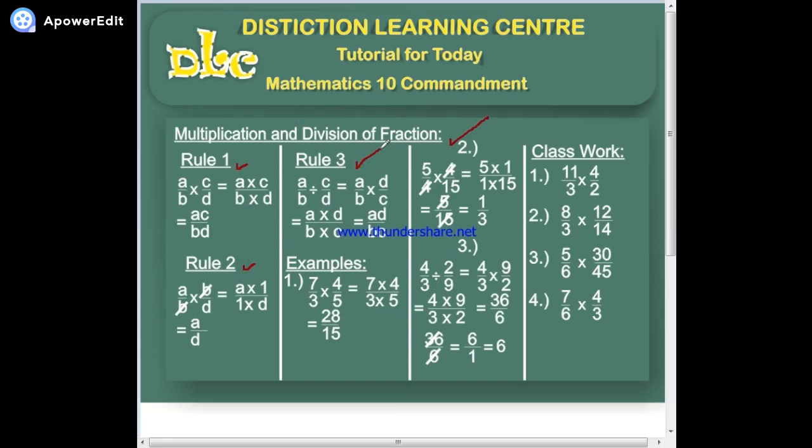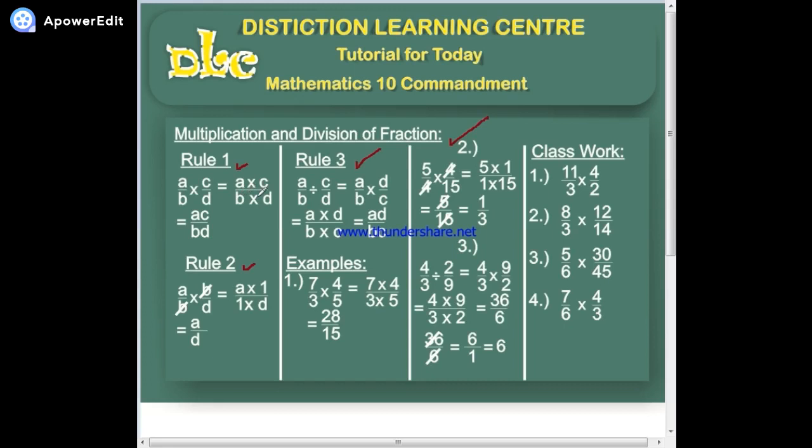Now, let's start from rule 1. Rule 1 states that A over B times C over D equals A times C over B times D. How do we arrive at this?